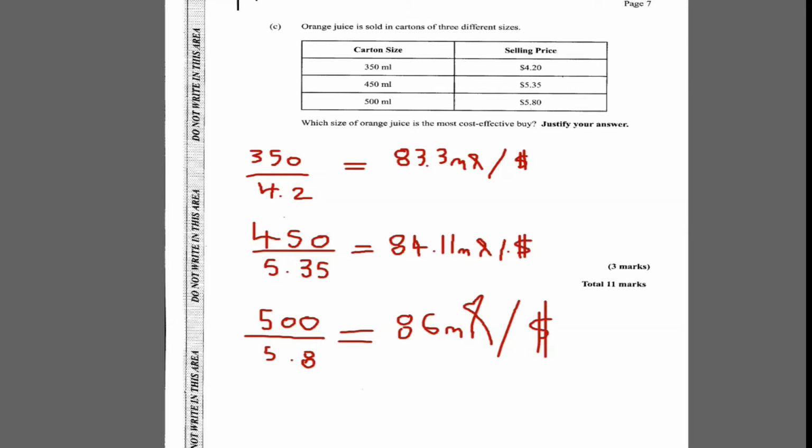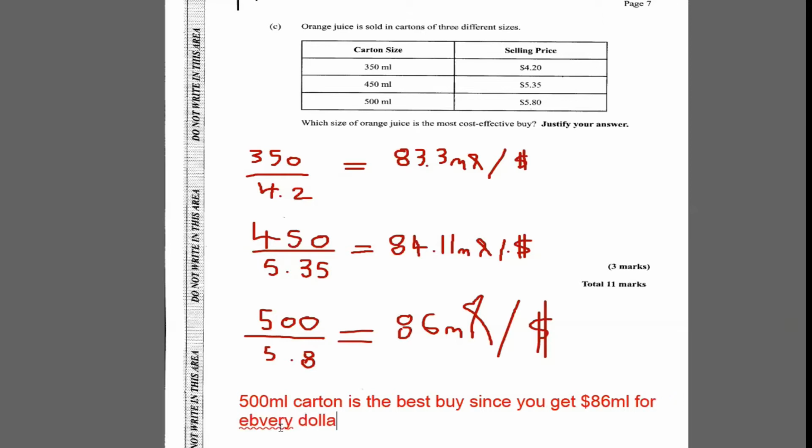All right, so let's tell them now that the 500 milliliter carton is the best buy since you get 86 milliliter for every dollar.